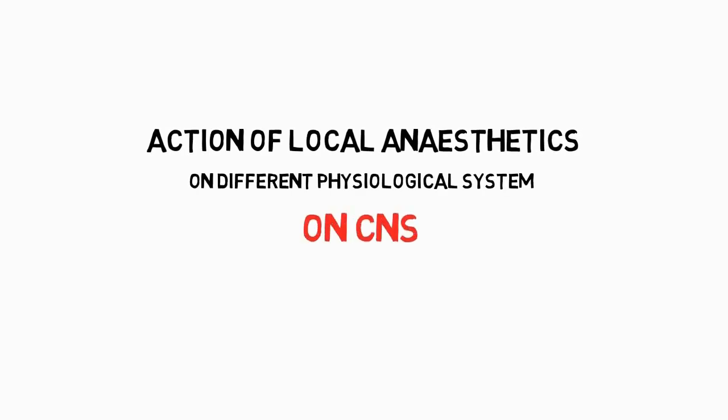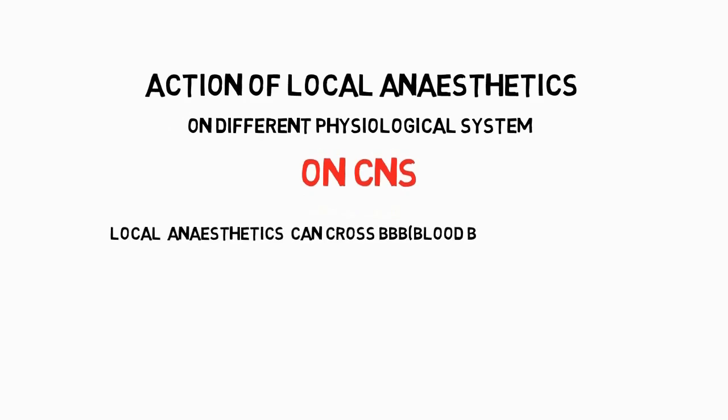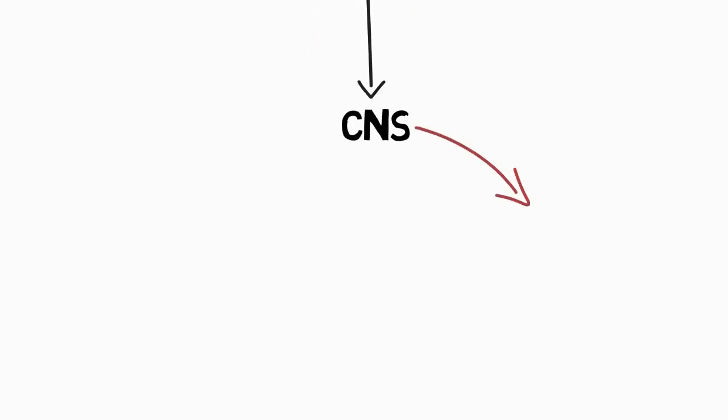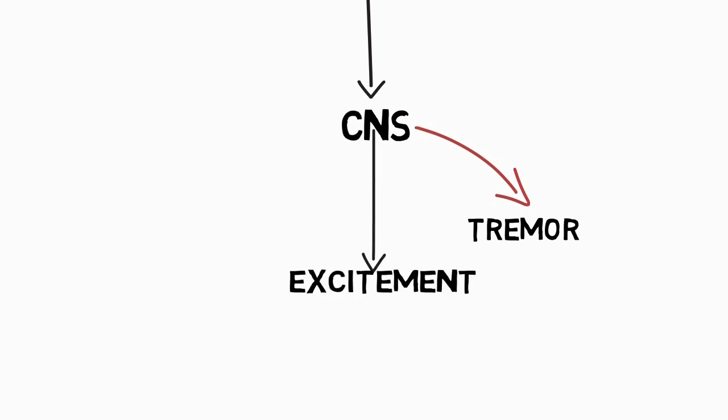Action of local anesthetics on different physiological systems. On the central nervous system: most local anesthetics can cross the blood-brain barrier and stimulate the central nervous system initially, followed by its depression, which leads to tremor, excitement and confusion.